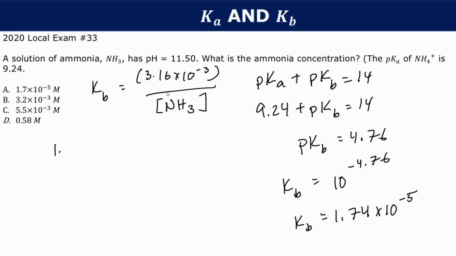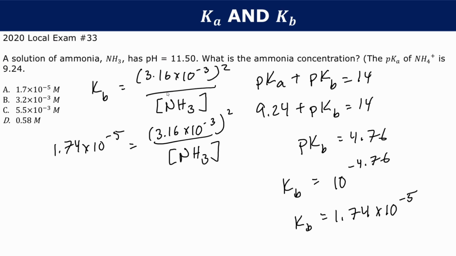So 1.74 times 10 to the minus fifth is equal to 3.16 times 10 to the minus third, squared. Sorry, that should be a squared right here. All over the concentration of NH3. And all we have to do at this point is solve for the concentration of NH3. And the concentration comes out to about 0.58, which is answer choice D. And that is the right answer.